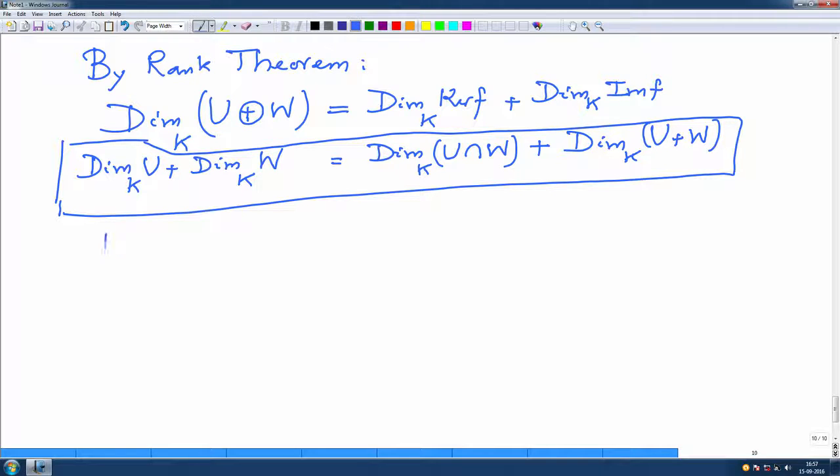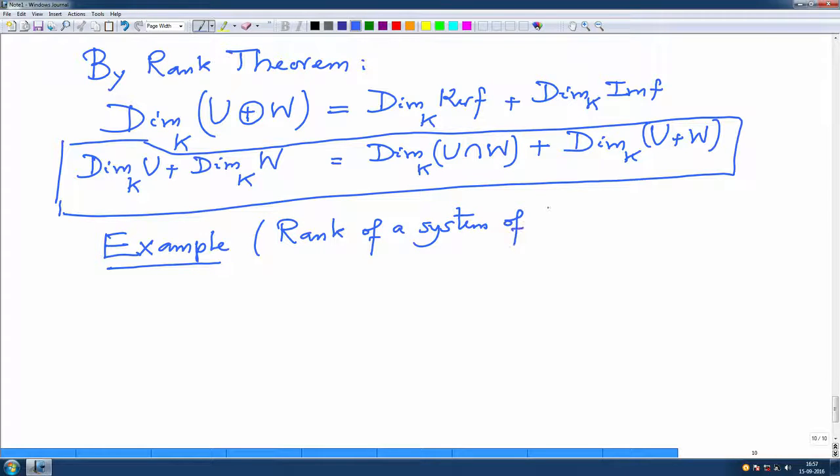So the next example, rank of a system of linear equations. So once again, start with a system of linear equations.